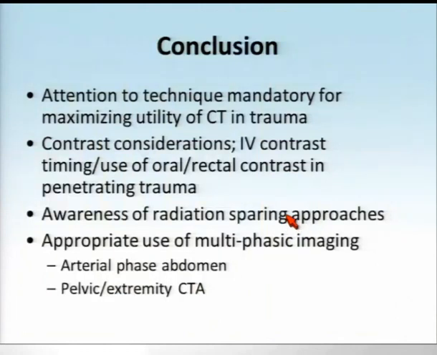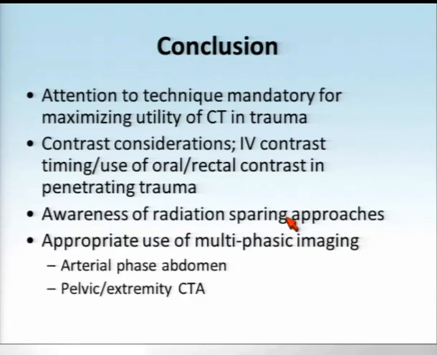So in conclusion, I think that attention to technique in trauma imaging is really mandatory for us to be able to maximize the utility of CT for this patient population. There are some contrast considerations to be aware of, including IV contrast timing. You should consider the use of oral and rectal contrast, especially in the penetrating trauma population.